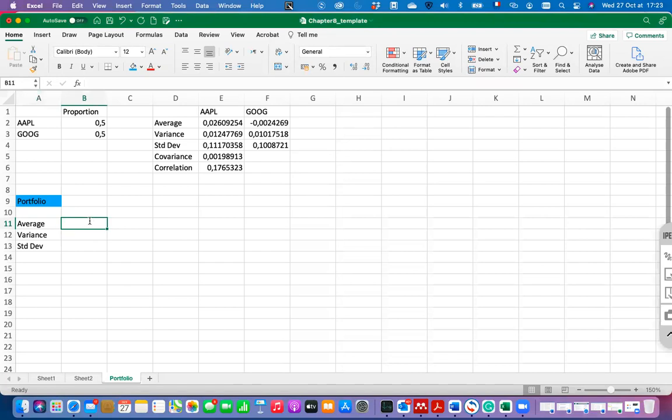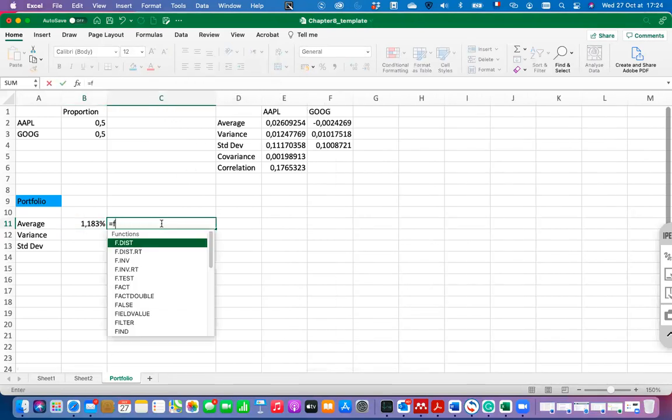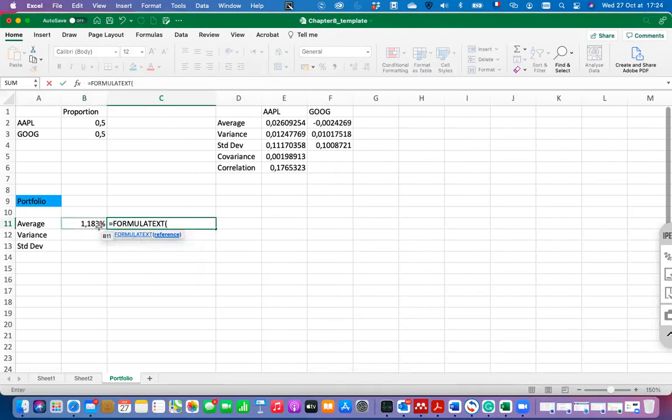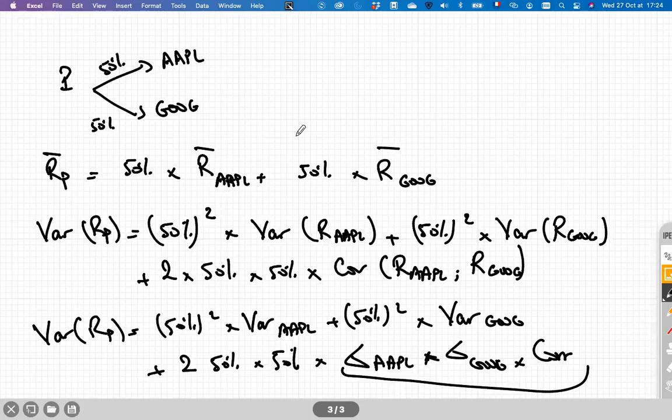The average of the portfolio is equal to the weight for Apple times the average return of Apple plus weight of Google times the average return of Google. See, I'm just writing this formula using Excel.